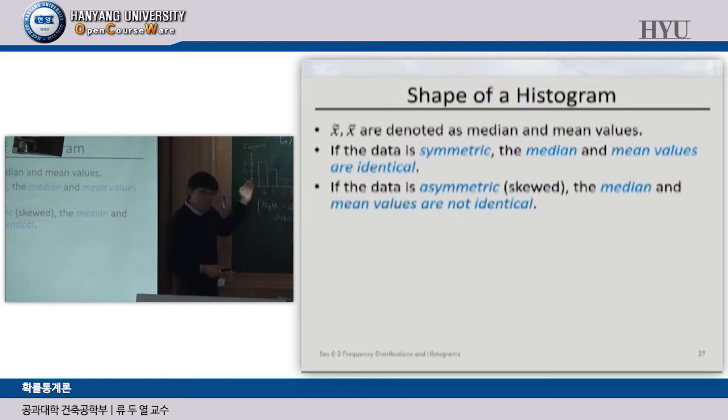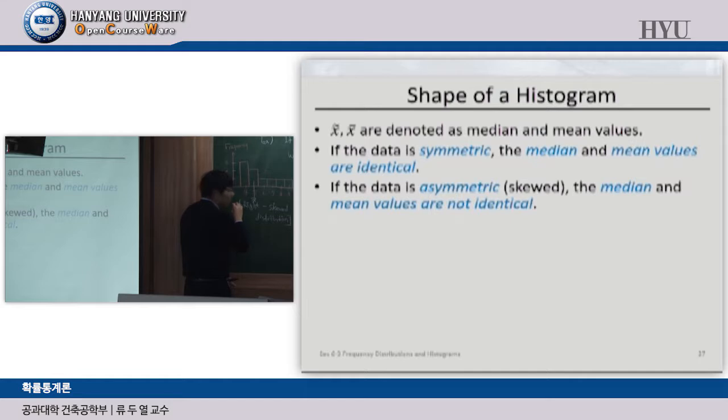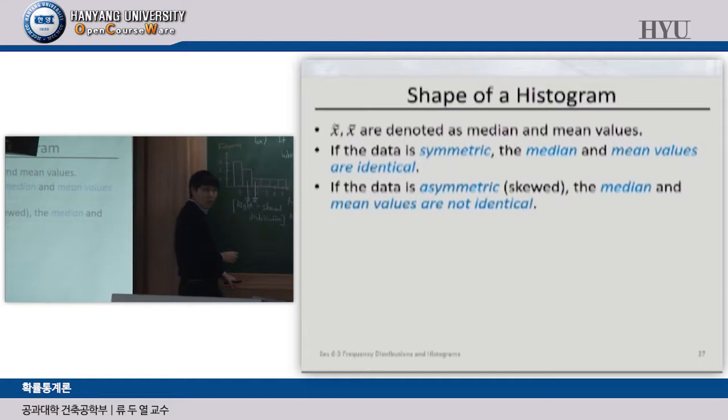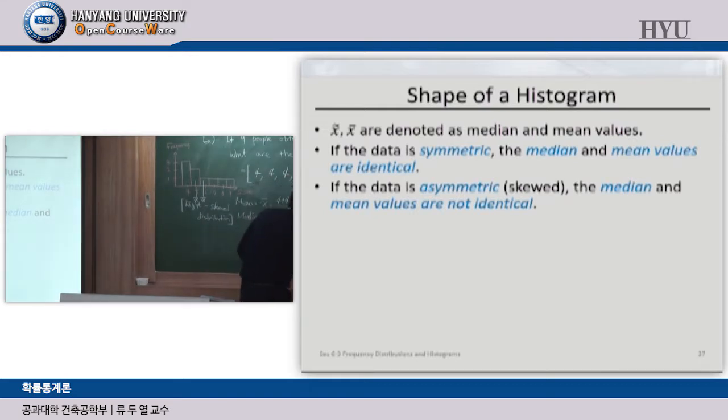Okay? And for this case, this is the median, right? X tilde, and this is the mean X bar, right? X bar is equal to 5.78 here. So X bar is here, okay? And X tilde, this is the median. Median is here. And from this case, X bar is larger than X tilde, okay?